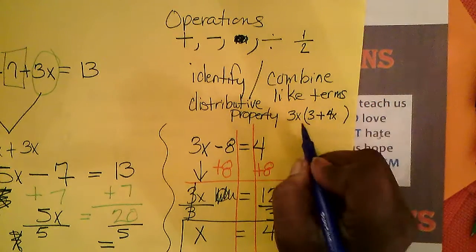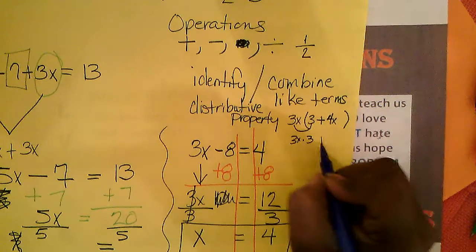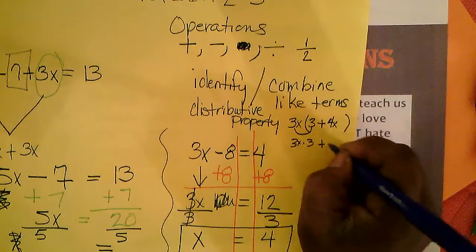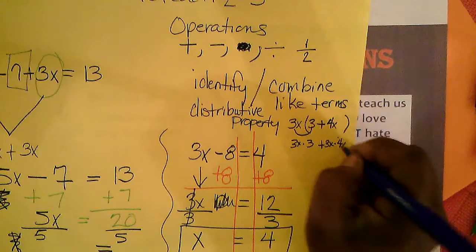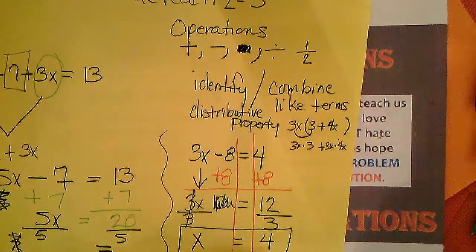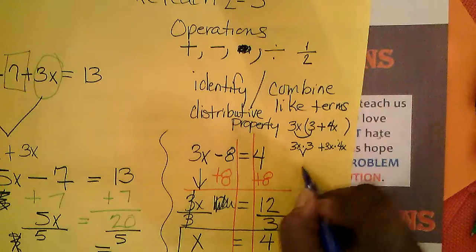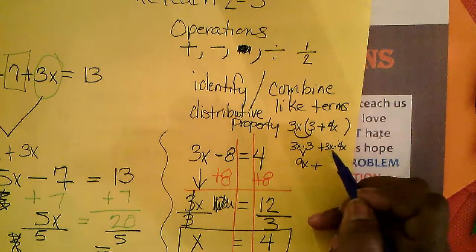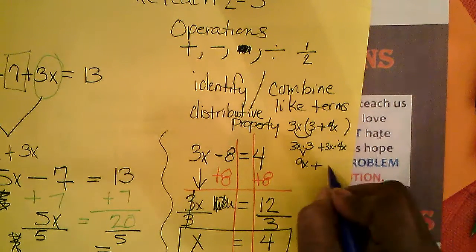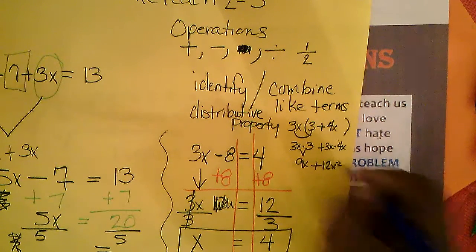So with that being said, now we have 3x times 3 plus 3x times 4x. 3x times 3 gives us 9x. And then 3x times 4x gives us 12x squared.